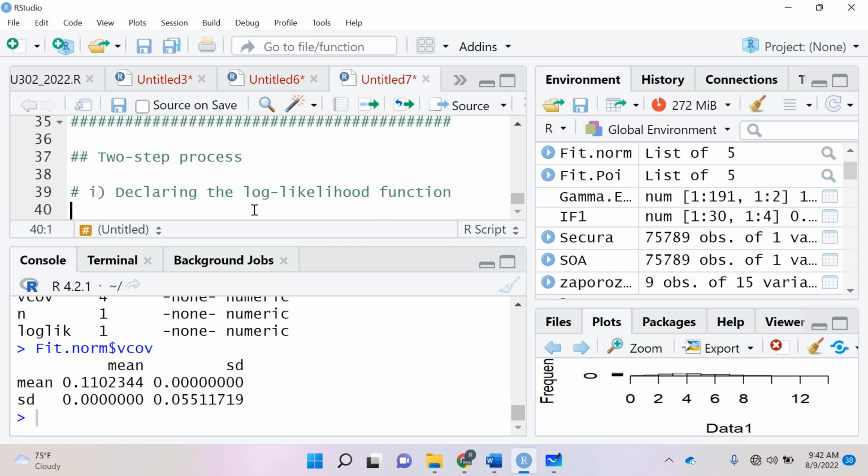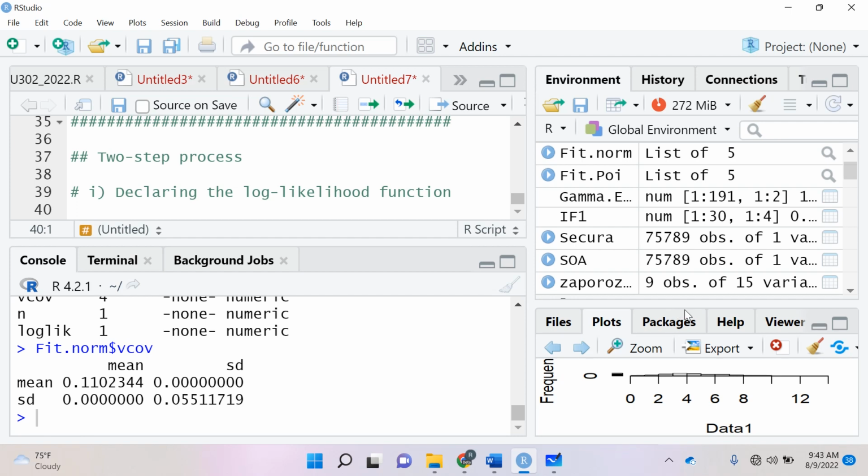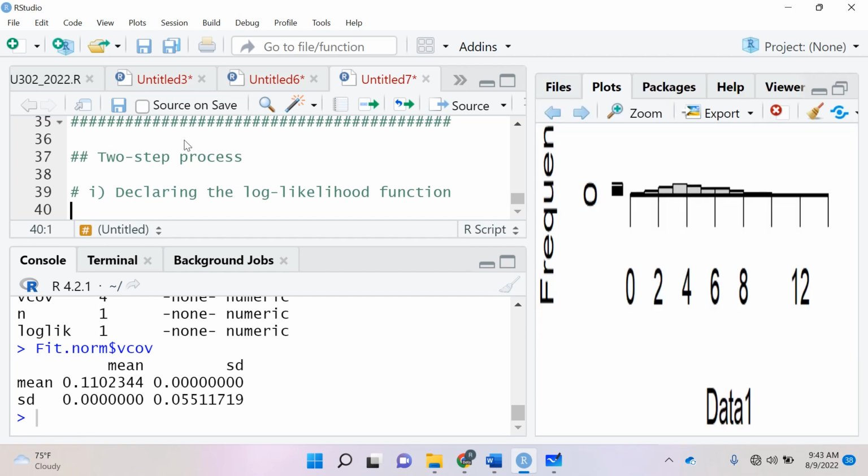Now how do we do this? I'm going to give you a general form of how we can declare our log likelihood. Basically, the log likelihood function is declared as an R function, so you write an R function for it. We'll go back to our class on functions and use that technique in this.